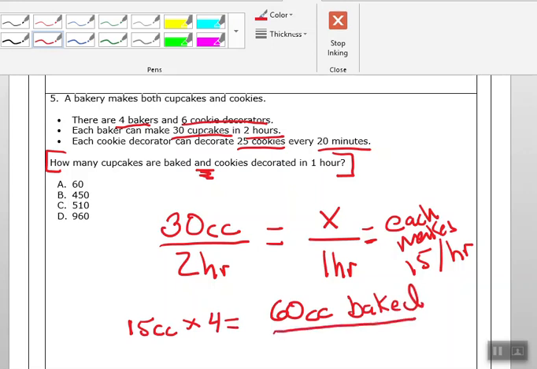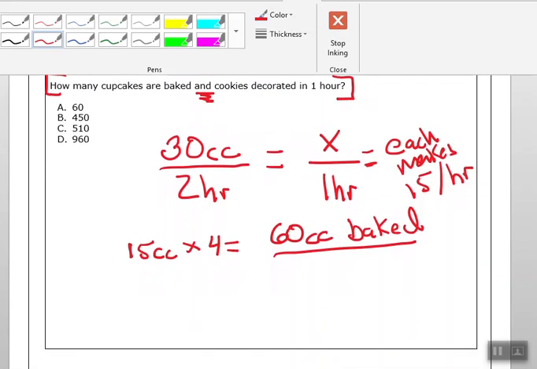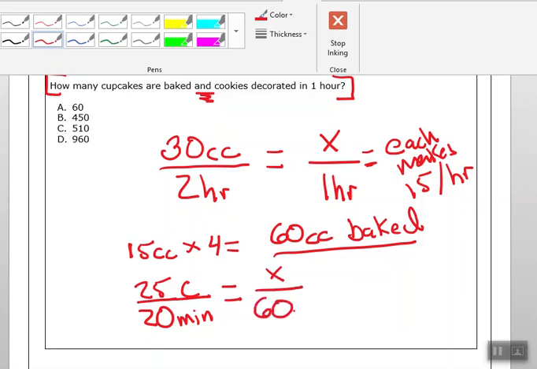But I'm not done because I also need to figure out how many they can bake and decorate. And so I'm going to have my 25 cookies in 20 minutes over X times 60 minutes. I want to find out how many they can make in an hour.